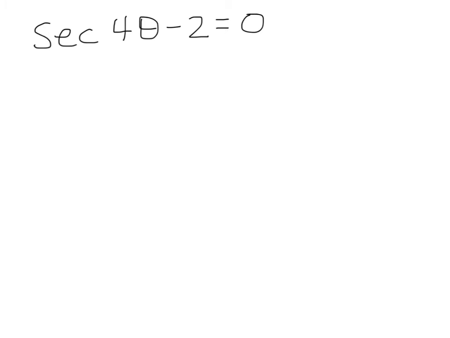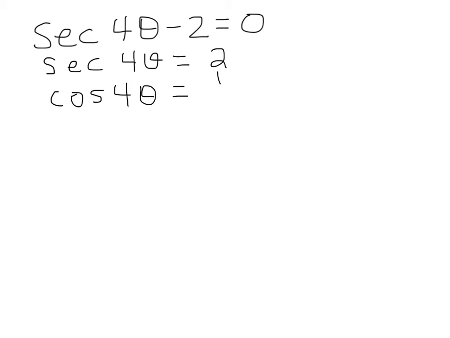Another trig equation where we are taking the trig function of a multiple angle. So first thing I think I'll do is add 2 to each side and isolate my trig function. And then I recognize the fact that secant is 1 over cosine, so if secant of 4 theta is equal to 2, then cosine of 4 theta is 1/2.